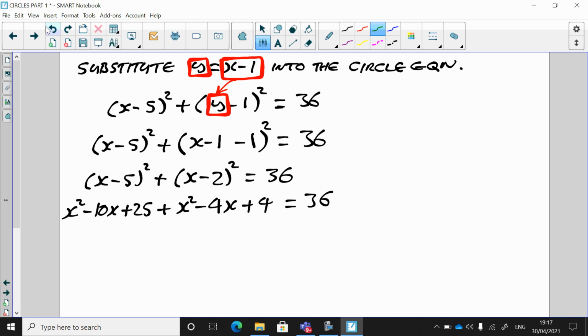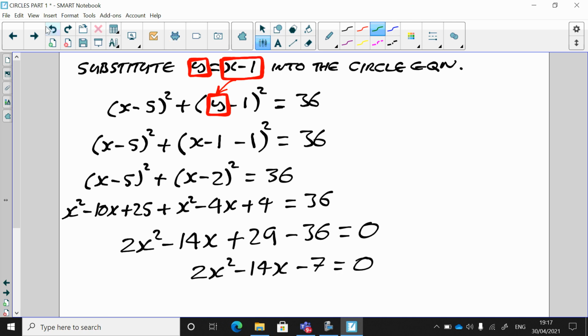So I should have 2x squared take away 14x, and I brought over that 36, and then 29 take away 36. So I've got to that point there, that looks okay to me.